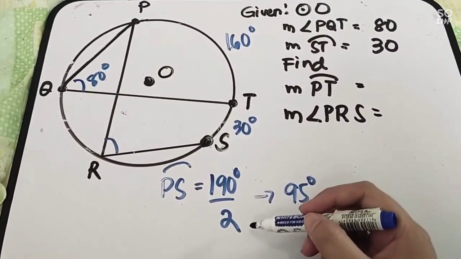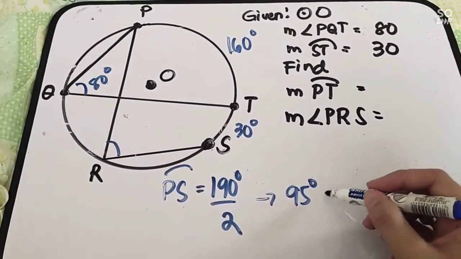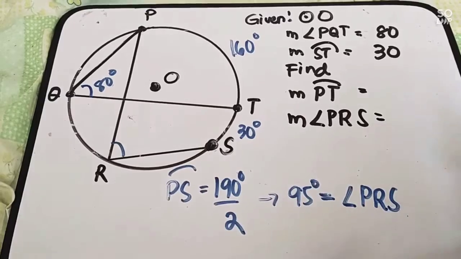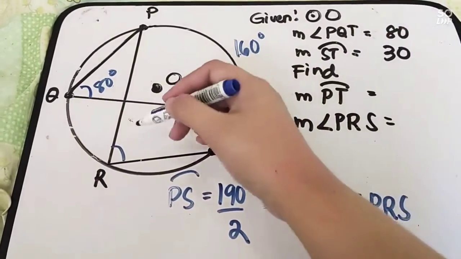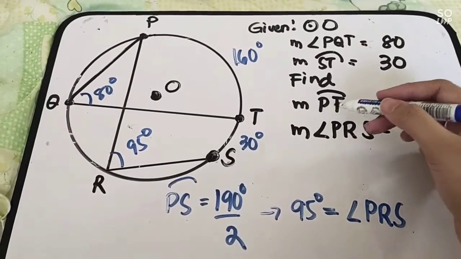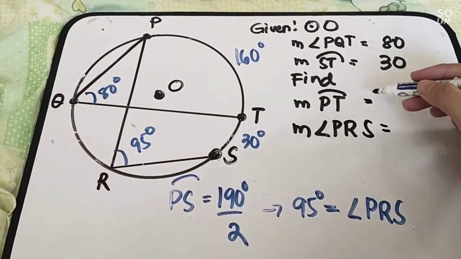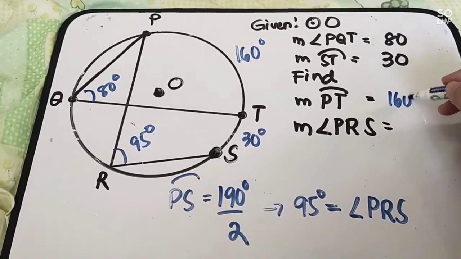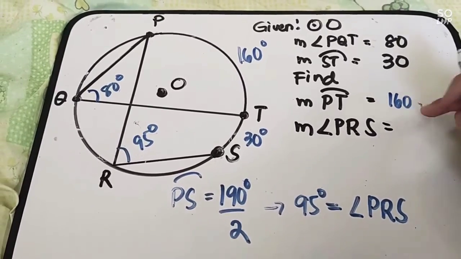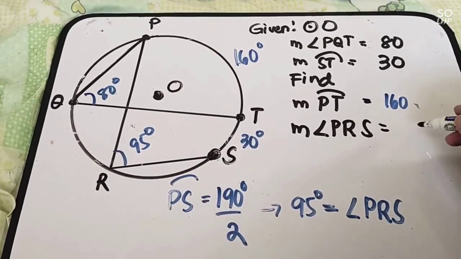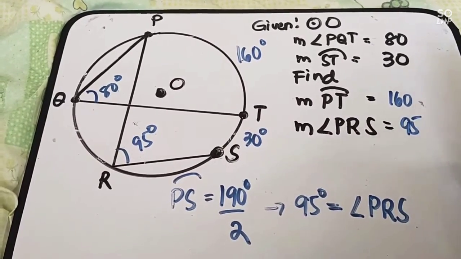When you divide it by 2, the answer is 95 degrees. This is now your angle PRS. Is it clear? So, the measure of arc PT is equal to 160, and the measure of angle PRS is equal to 95.